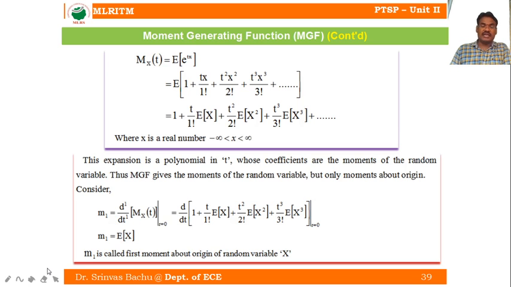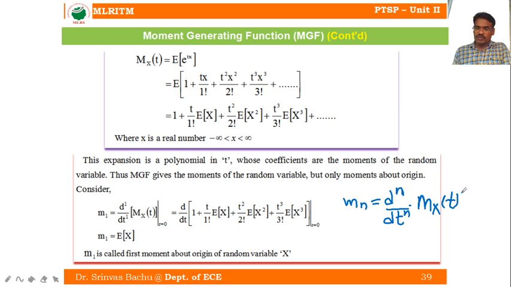In general, the nth moment about origin, m suffix n, equals the nth derivative of the MGF function with respect to t, and after that at t equal to 0 we get the nth moment about origin.